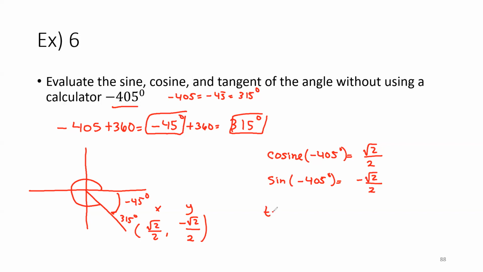And then the tangent of negative 405 is y over x. So it's negative radical 2 over 2, and x is radical 2 over 2. And this is just itself, which is 1, but you still have a minus, so it's actually negative 1.